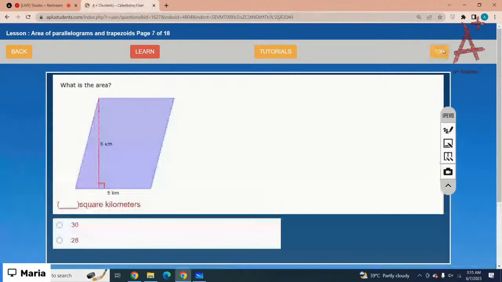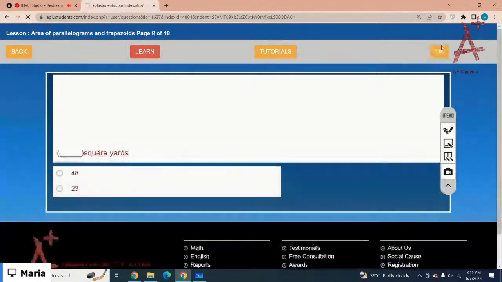What is the area? So which is the correct option? It would be 6 times 5 is 30 square kilometers. Okay, the area of parallelogram and trapezoid. So which is the correct option?